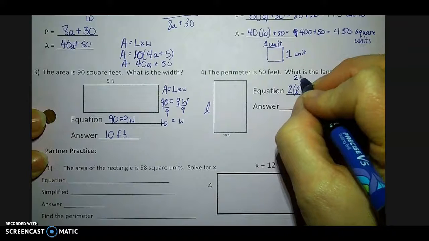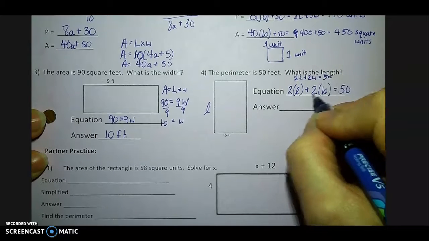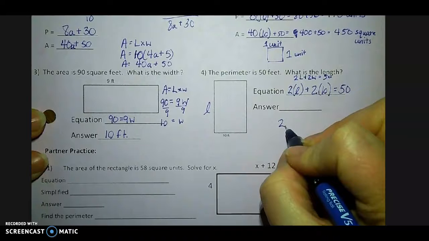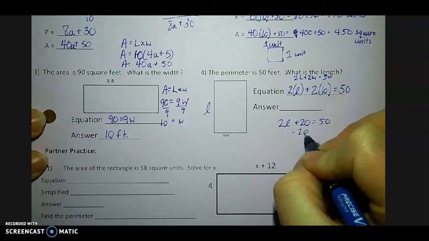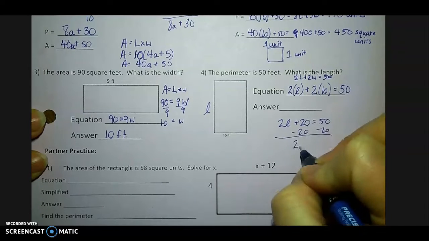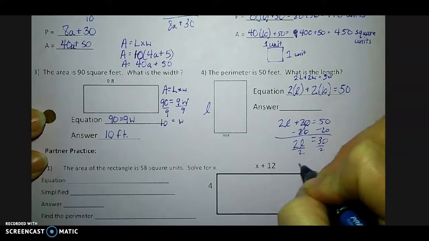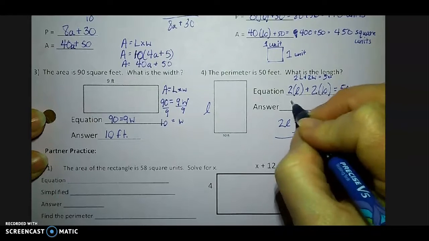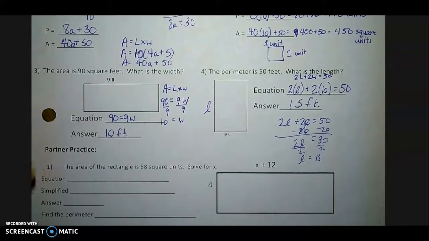So you might see it as 2L plus 2W equals 50. So when I solve that, I'm going to get 2L plus 20 equals 50. I'm going to subtract 20, divide by 2, and I will get that L equals 15. And once again, they told me feet, so I know that my answer is also going to be in feet.